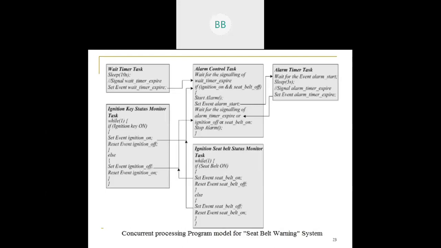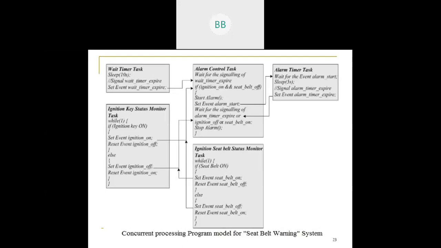The events alarm timer start and alarm timer expires are associated with the alarm timer task. The alarm timer start event will be reset initially and it is set by the alarm control task when the alarm is started. The alarm timer expires event will be in a reset state initially and it is set when the alarm timer expires.